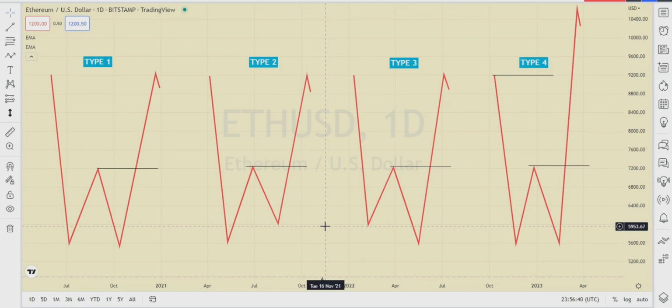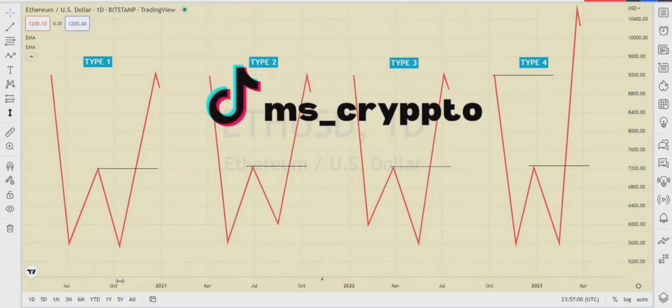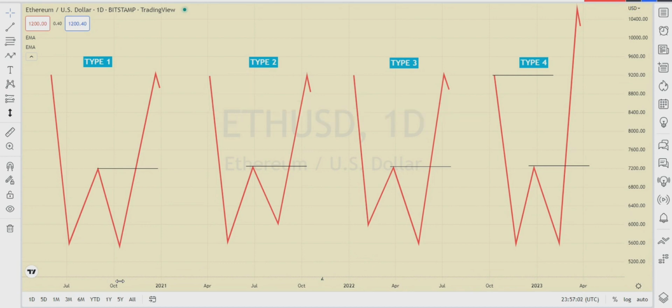With the W pattern, we have type 1, type 2, type 3 and type 4. This particular pattern appears on the chart in these 4 forms. The first one is something we are all familiar with in our daily lives.